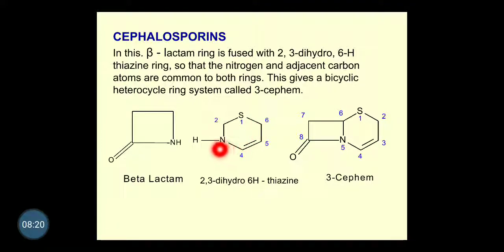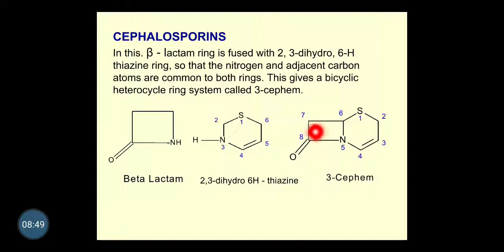Now it is fused with the 6-membered thiazine ring, because a 6-membered ring name ends with -ine, and that was saturated in the 5-membered case of penicillin, which was thiazolidine. So that is a basic difference. After the fusion, nitrogen is common in both the rings. Both are heterocyclic rings, 4-membered and 6-membered.